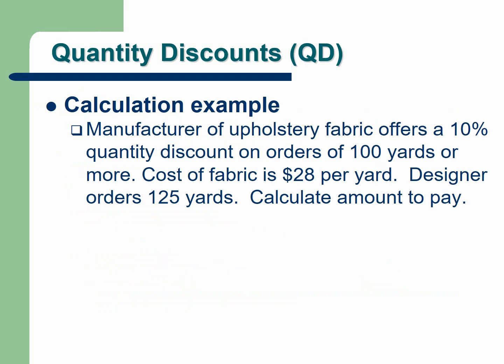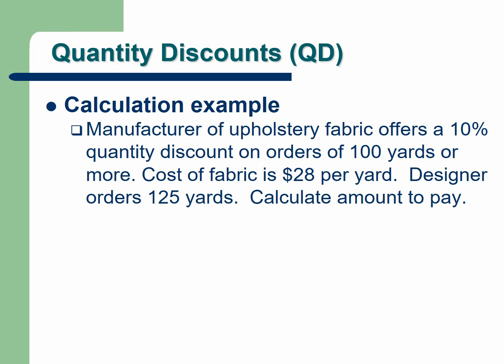Alright, so let's take a look at an example of a quantity discount problem here. Let's say that a manufacturer of upholstery fabric offers a 10% quantity discount on orders of 100 yards or more. So 100 yards is the minimum requirement to receive a quantity discount. And the cost of the fabric is $28 per yard.